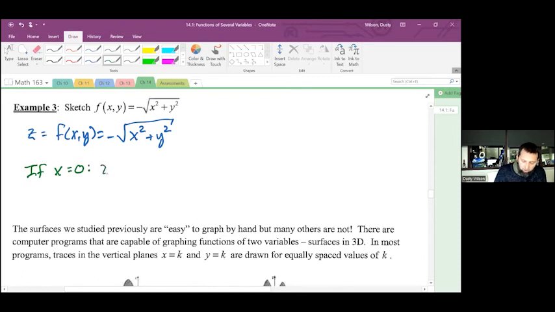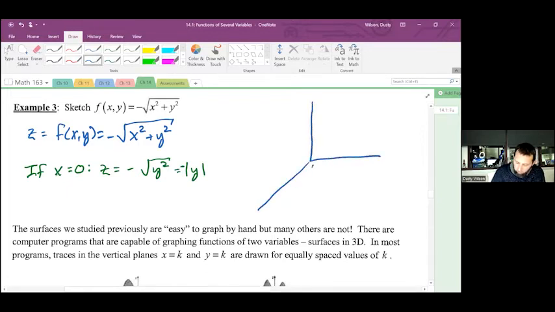In that case, I would have z equals negative square root of 0 plus y squared. And I hope you remember that the square root of y squared is the absolute value of y, specifically negative. And so if we had our axes in 3 dimensions, so here's y, x, and z, then this would be an upside down absolute value function in the zy plane. So it would be a cone, or sorry, like an upside down v.